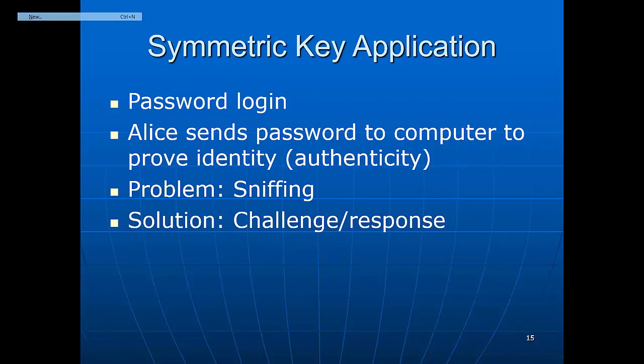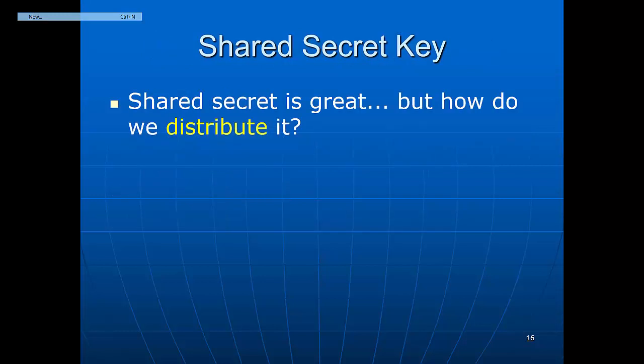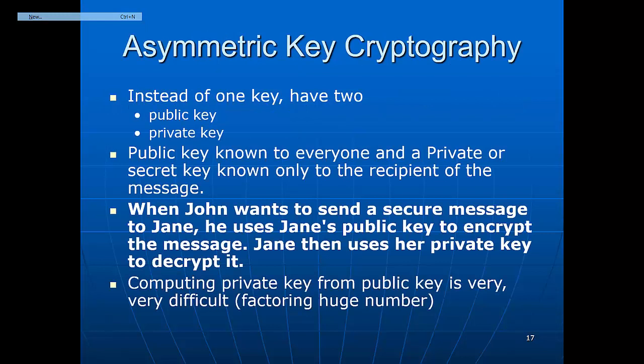The problem is Alice has to send the key to Bob, and that basically is not very secure. It's not a great way to do it. There's lots of problems with that. How do you distribute a shared secret key?